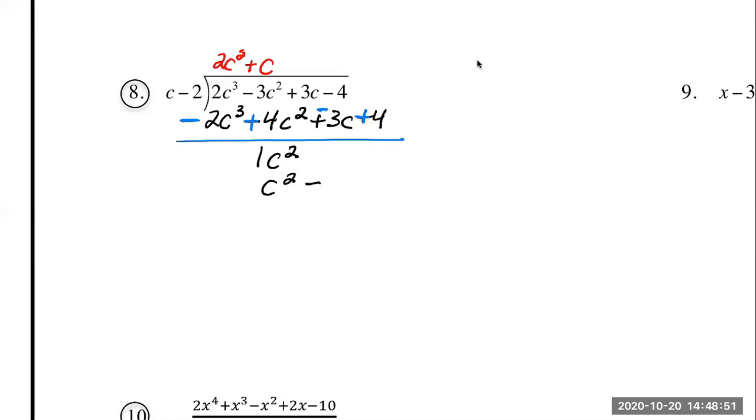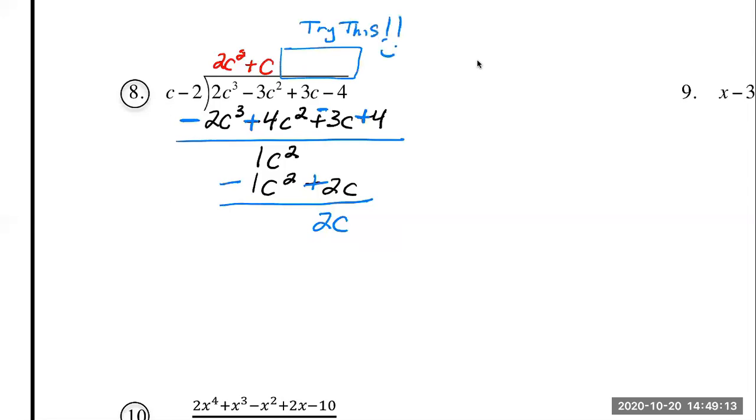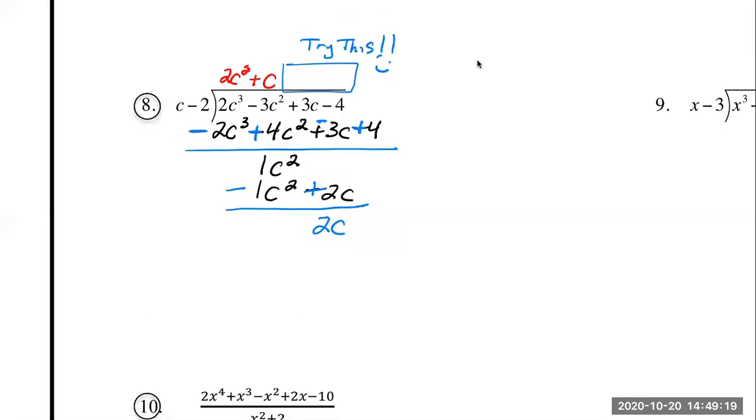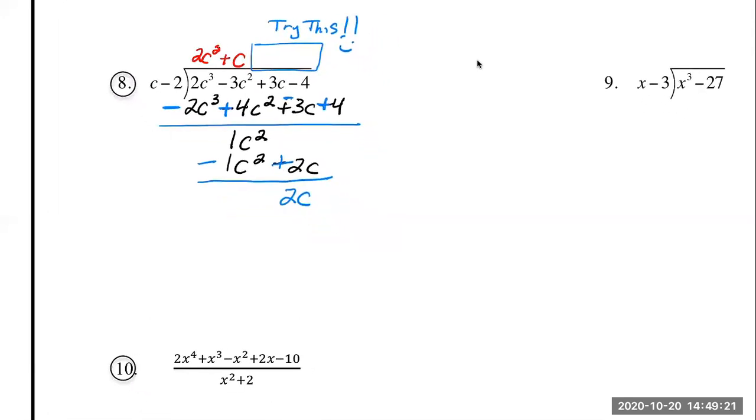C times -2 is -2c. And then when we subtract, signs change, we get a positive 2c. I'd like you, as a try this, to finish this part. What should I include here? That part itself will be your try this. You may or may not have a remainder. So you could try that, see how you do, but it's almost done.